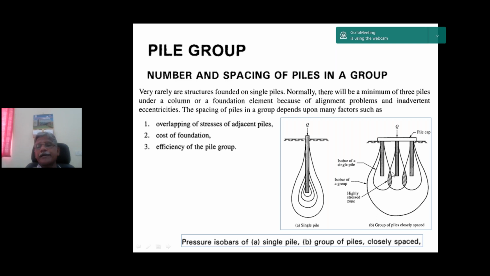In a group of piles, stress interference will be present here and here. Because of this stress interference effect, the group capacity will be less as compared to the individual pile capacity concept. That way, the overall group efficiency will be reduced in some soils.